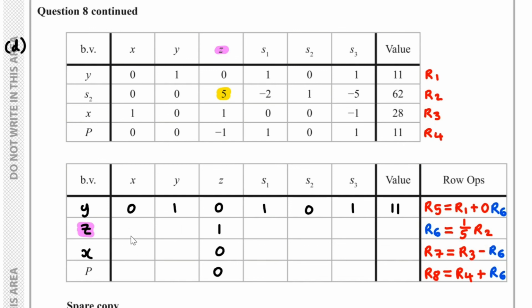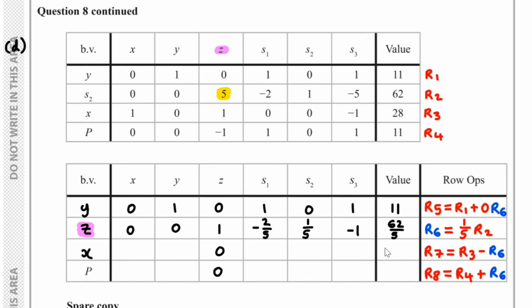So I've got 0, 0, 1, and then here I would have minus 2/5. Then here I would have 1/5. And then here I would have minus 5 divided by 5, that's minus 1, and 62 divided by 5.